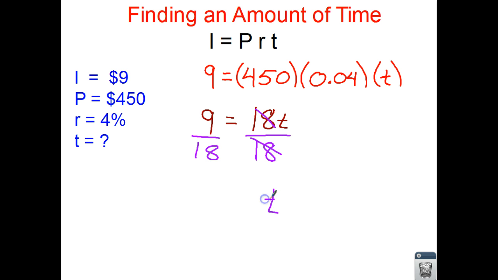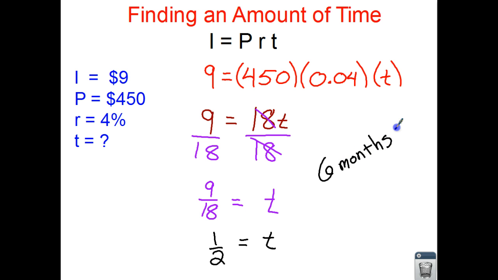So t is equal to 9/18. And that is a fraction that can be reduced. So it reduces. The time is equal to 1/2. And what does that mean in terms of time of a year? A half of a year is known as 6 months of the year is equal to time.